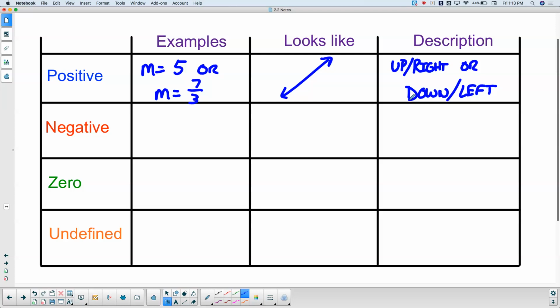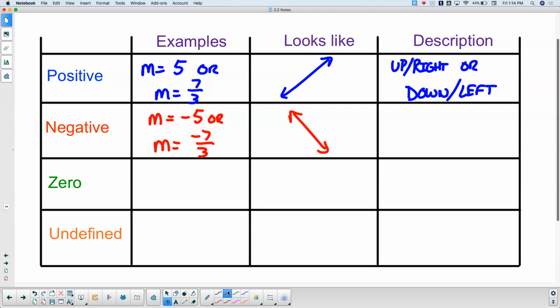Negative slopes would be like -5 or -7/3.